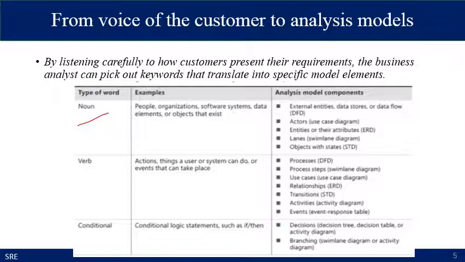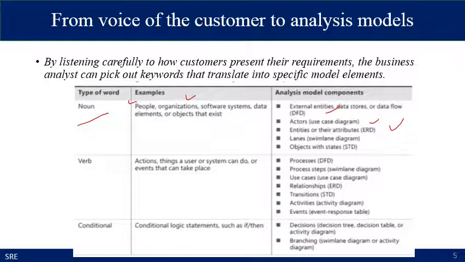For example, the requirement engineer analyzes the requirements gathered from the customers to find out about the people, organizations, software systems, and other data elements that are connected or interacting with the system. Mostly these kinds of nouns are represented in the form of data flow diagrams, use case diagrams, entity relationship diagrams, and other diagrams such as state transition diagrams and swim lane diagrams.